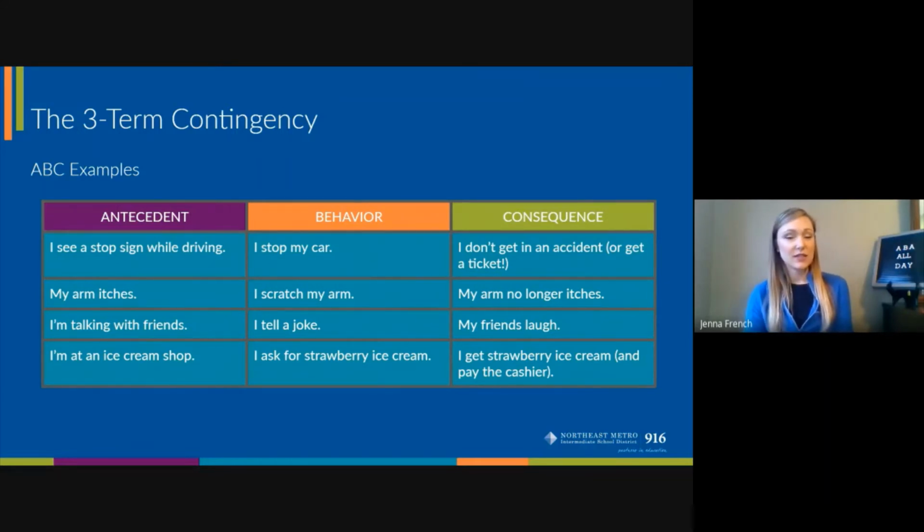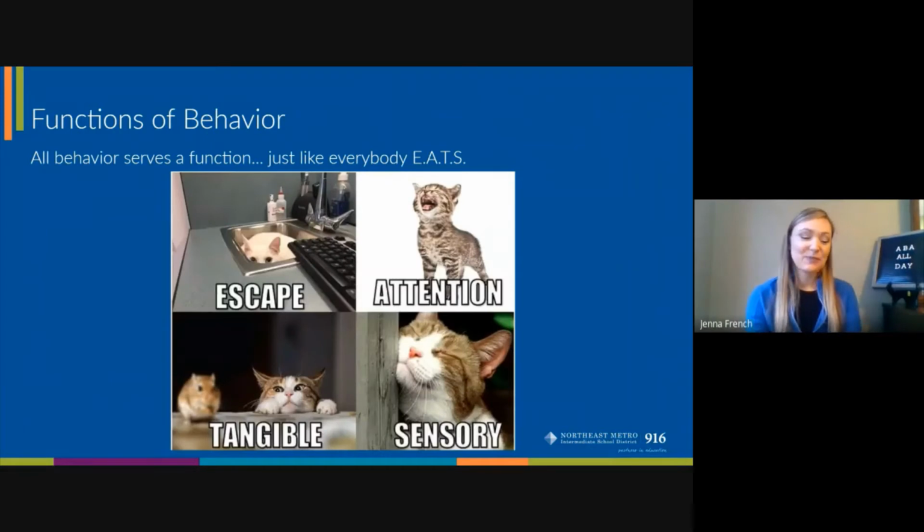So my behavior is I scratch my arm, and the consequence is my arm no longer itches. In the third example, I'm talking with friends, I tell a joke, and my friends laugh. And then the fourth example is I'm at an ice cream shop, I ask for strawberry ice cream, and I get strawberry ice cream, and I also pay the cashier. So there's a little bit more to that one.